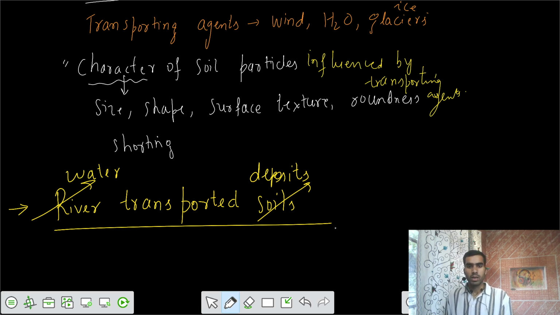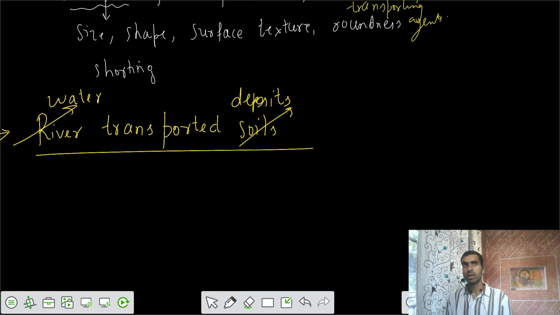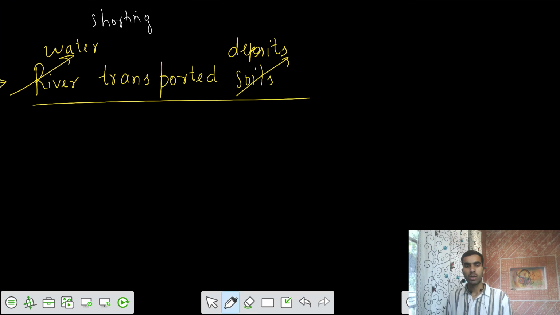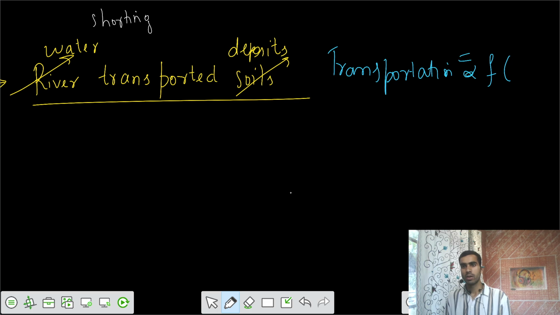Now, water can have either less velocity or more velocity. Based on the velocity, your material is going to be transported. Transportation, as the name suggests, is a function of the velocity of the water.